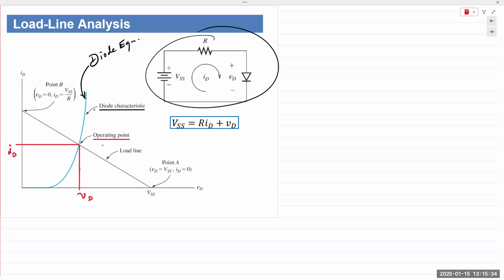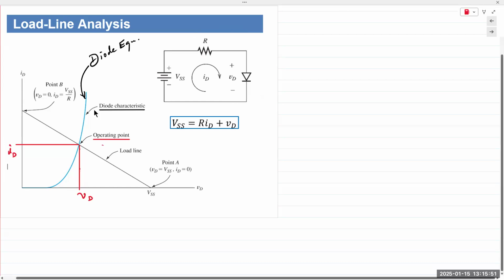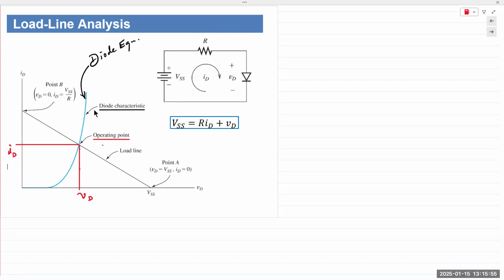So how can we find or plot that line? Well, we apply circuit analysis techniques. You can apply KVL, KCL, Ohm's law, any circuit analysis technique to determine that line. And for this circuit, it makes the most sense to apply KVL because we have a voltage that is supplying energy to the resistor and to the diode.